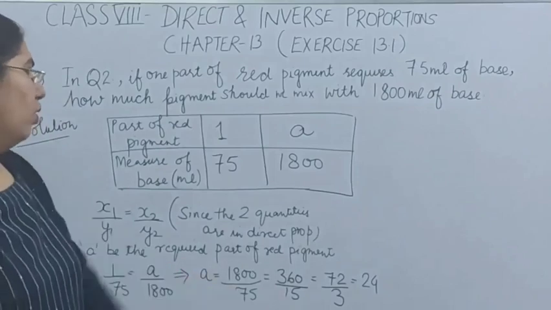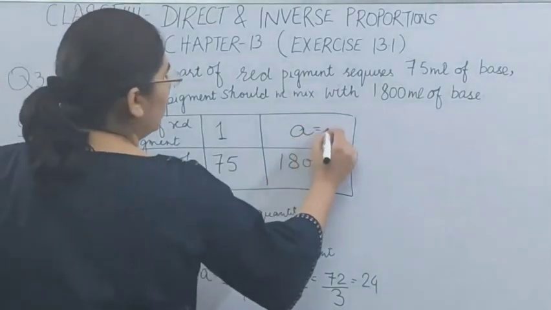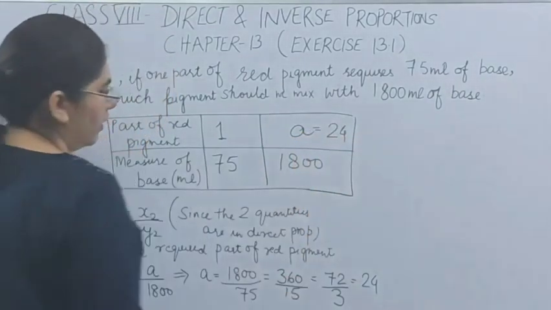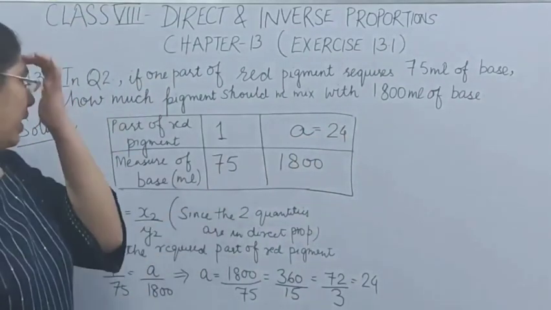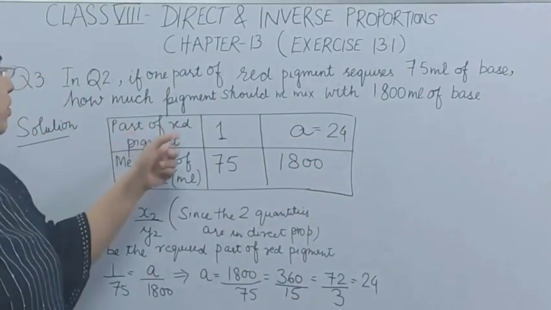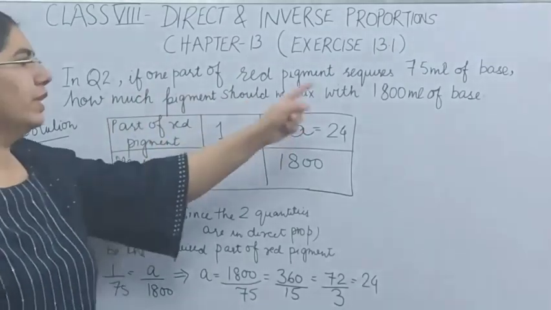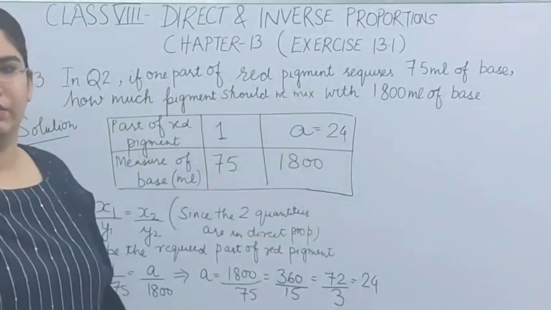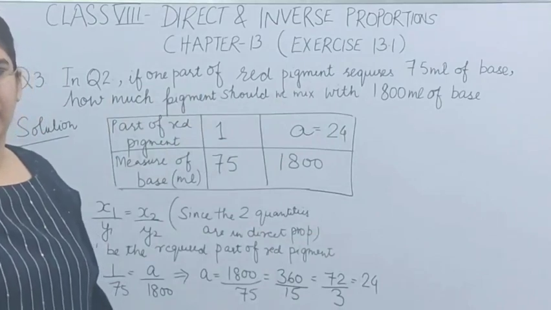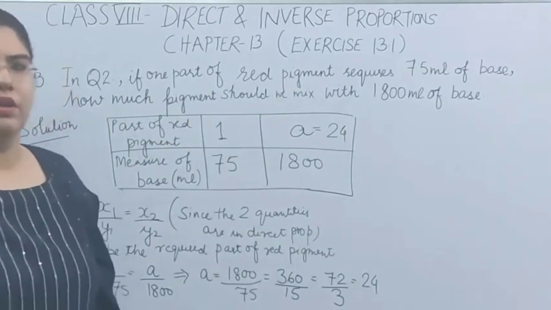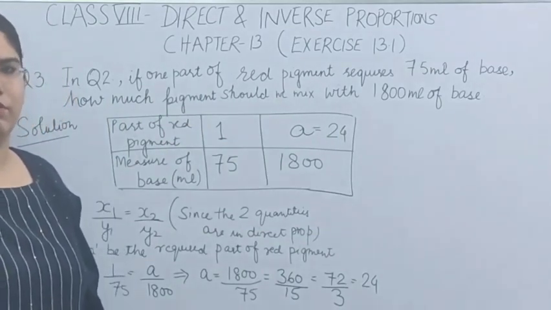Yes. So, this A equals 24. That means we will require 24 parts of red pigment in order to mix with 1800 milliliters of base. Is it making sense to all? Okay, we move to the next question then.